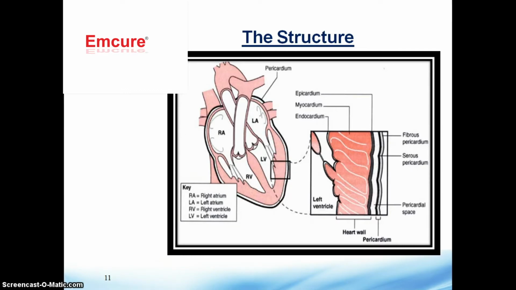So the major function of this pericardial fluid is to act like a shock absorber, and at times due to inflammation it gets infected, and from a straw colored fluid it becomes thick, deep yellow colored.